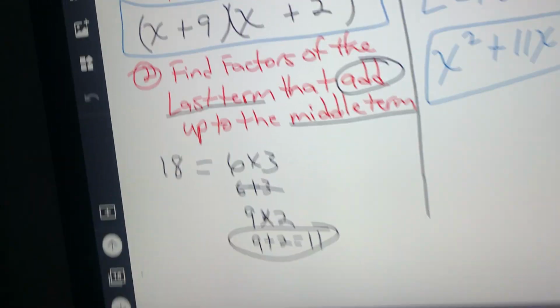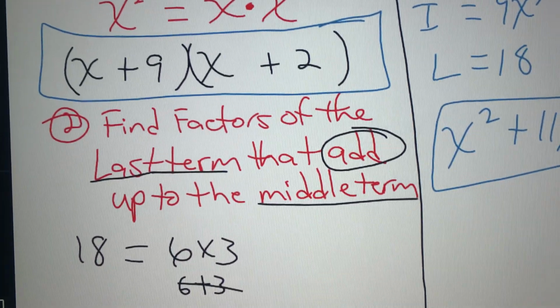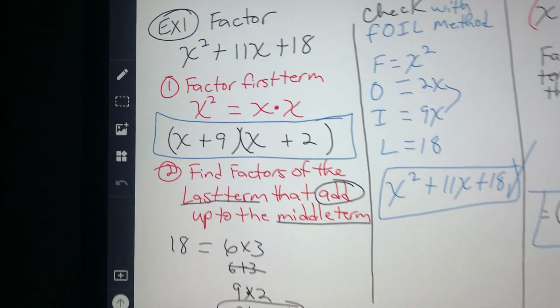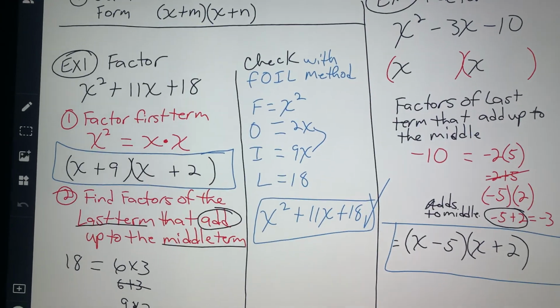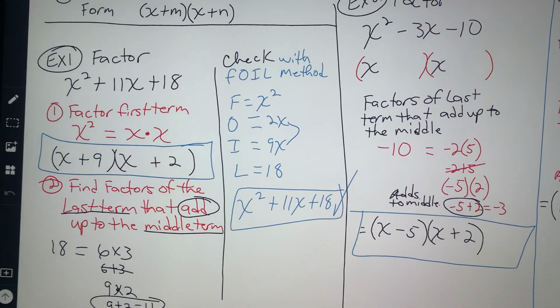So since those are the factors, we take these and write them as plus 9 and a positive 2. And this, we check to make sure that we get back the original by using the FOIL method.